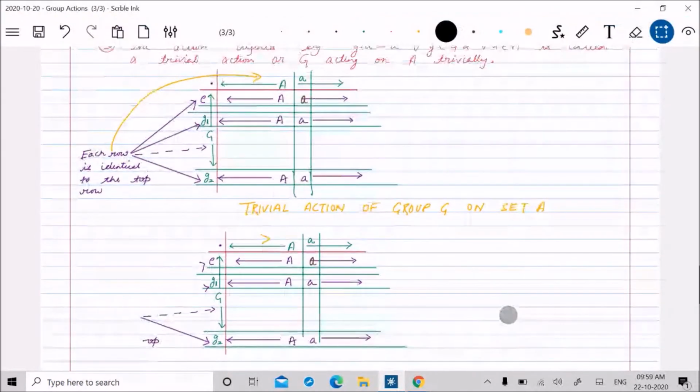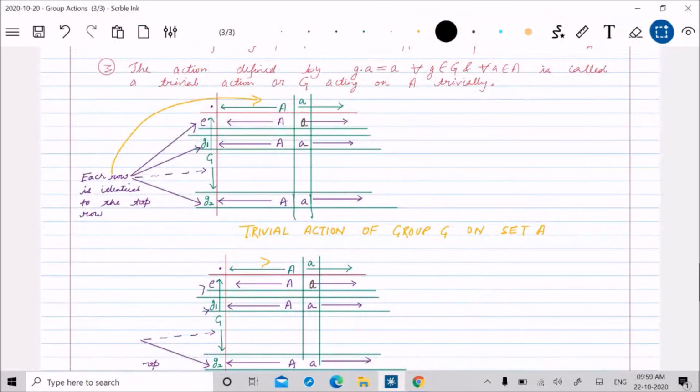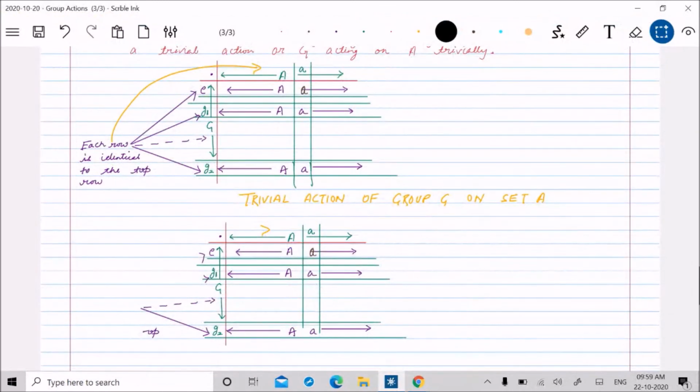For faithful action, each row should be distinct. This is some other sequence, write it as this is G1, this is G2, right? And each of these rows must be distinct, right?